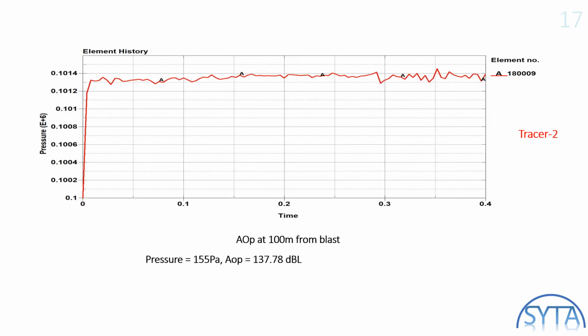Similarly, in tracer point 2, the difference of the measured and the atmospheric pressure is 155 Pascal, and putting this pressure into the formula, we have got the air pressure as 137.78 decibel at 100 meters from the blast in tracer point 2.